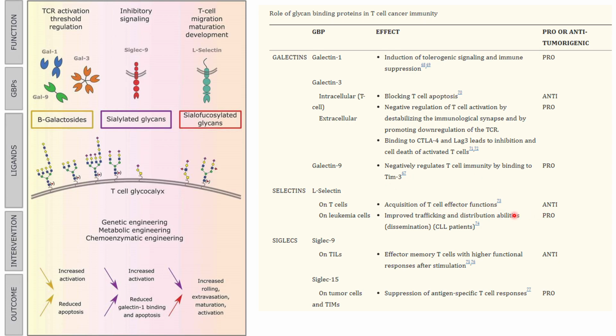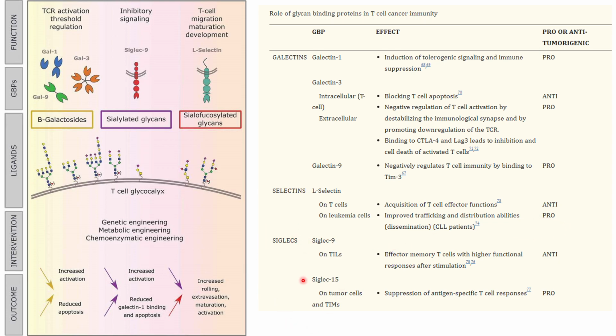That will be helpful to target the tumor cells. On the other hand, L-selectins on leukemia cells will cause improved trafficking and distribution abilities, or we can say that it helps in metastasis. Thus, it comes under the pro-tumorigenic effect.